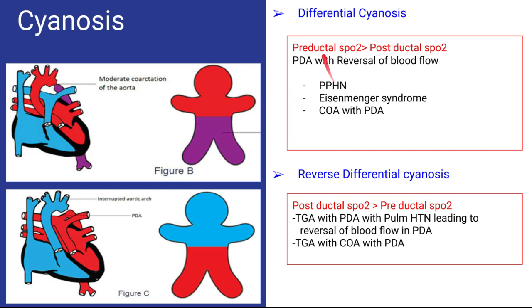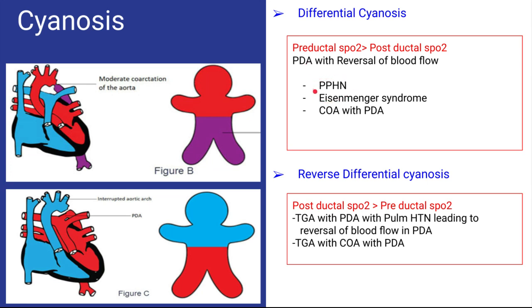So in differential cyanosis, preductal saturation will be more than postductal saturation, and the condition responsible for this is patent ductus arteriosus with reversal of the blood flow or pulmonary hypertension.